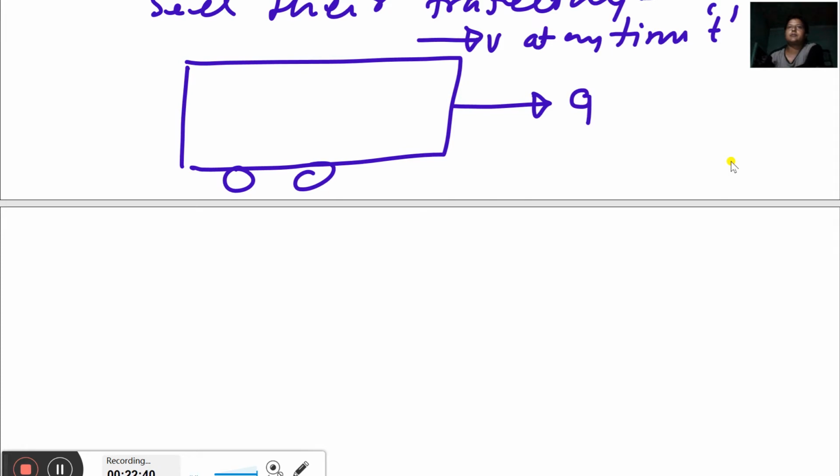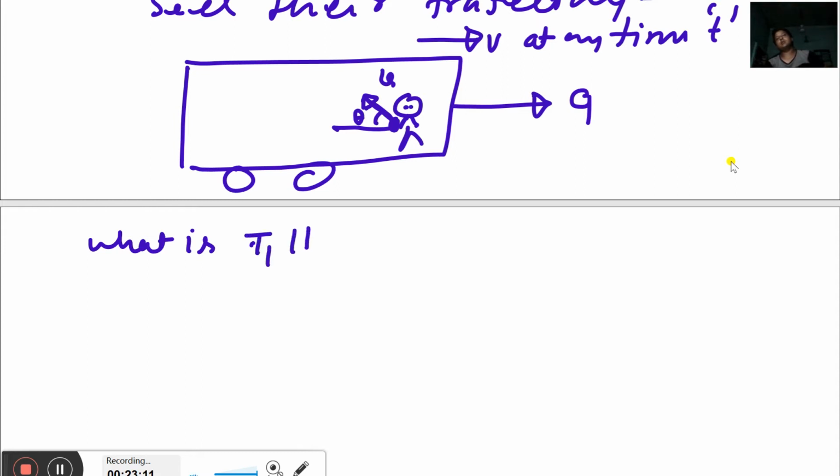A man in the non-inertial frame throws a ball at a speed u at an angle theta. What is time of flight, greatest height, and horizontal range in this case?